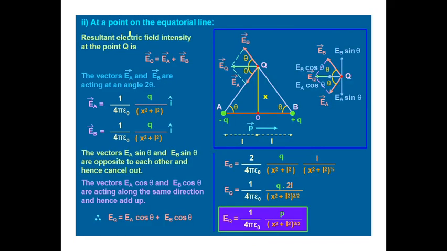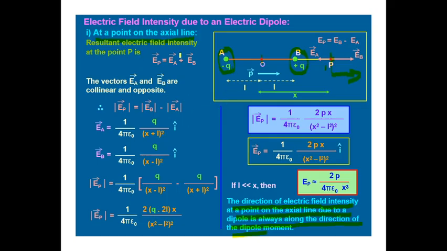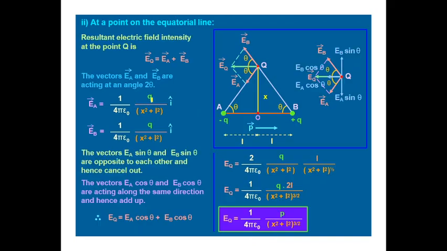Next, electric field on the equatorial line. First was the electric field on the axial line, and second is the electric field due to the dipole on the equatorial line. Consider a dipole with minus q and plus q separated by a small distance 2l.